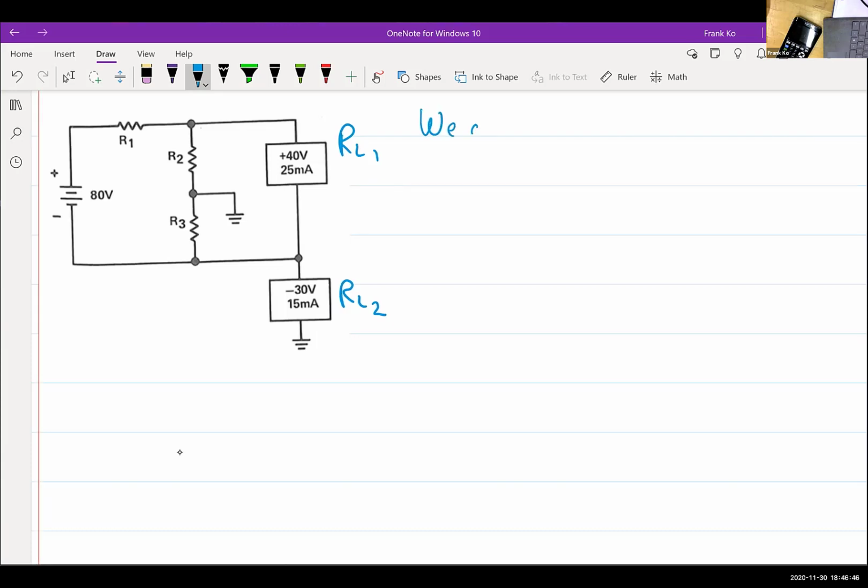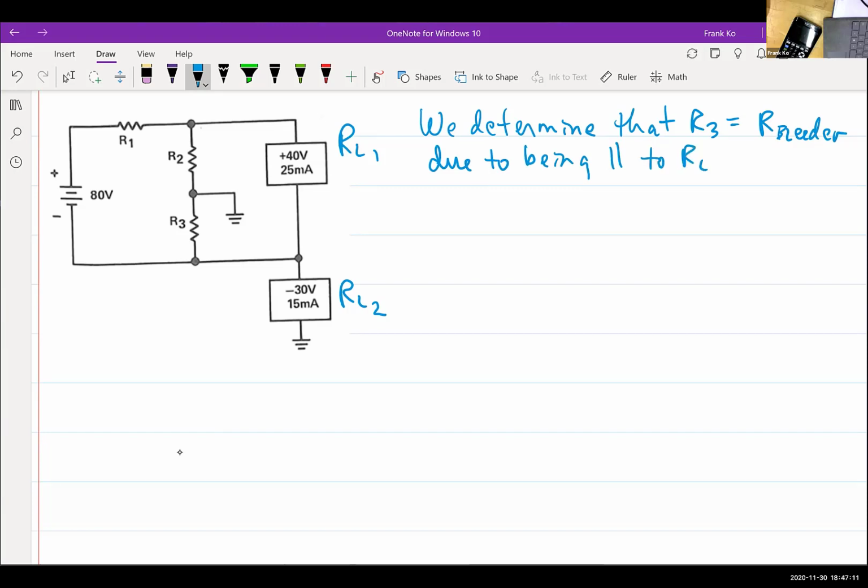We determine that R3 equals R bleeder due to being parallel to RL2 to ground.